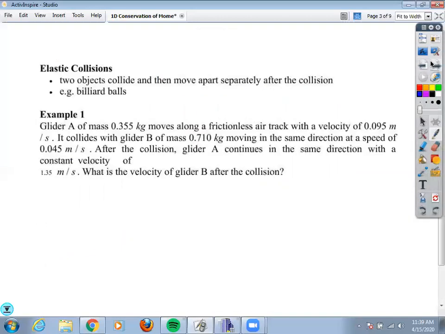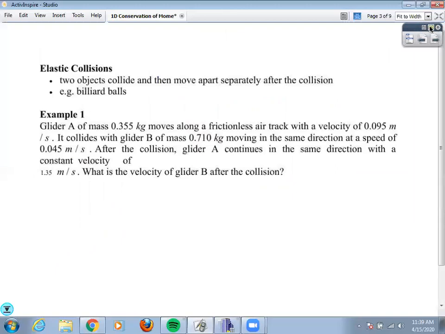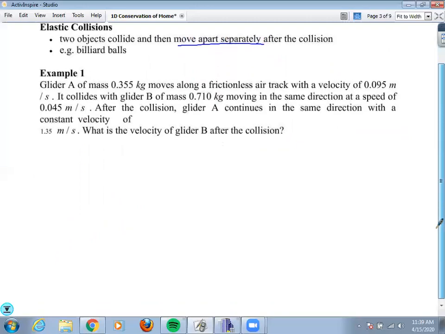All right, so elastic collisions. Elastic collisions basically means that when the objects collide, they move apart separately. They don't stick together. So we'll look at our first example for learning. We're talking about a glider, a little object that rests on an air track, which is frictionless. There are two gliders, glider A and glider B. They're both moving, so they both have an initial velocity, and they collide.